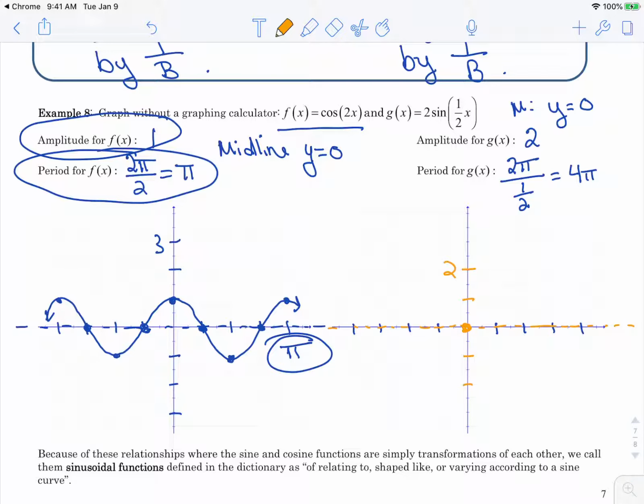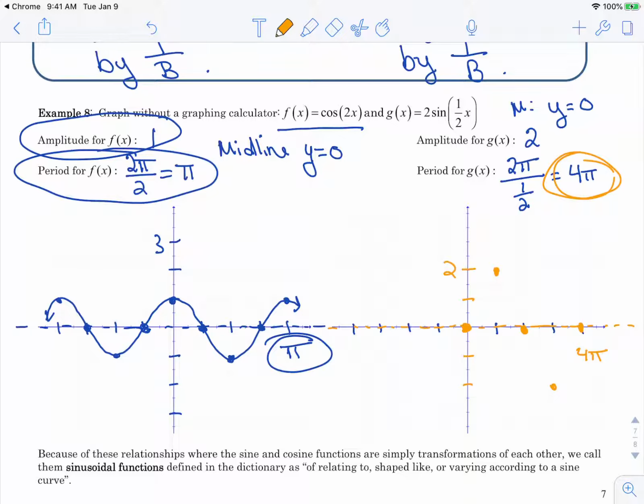Starts here. Then, oh, what did I not do? I don't have a scale on my x-axis. I'm always going to choose my last tick mark to be whatever my period is. So I start at the midline, and then I have a high point, which goes all the way up to 2 because it's 2 units from the midline. Hit the midline again, low point, midline.